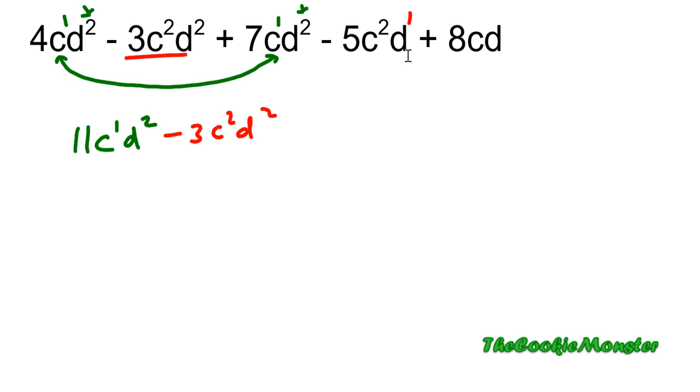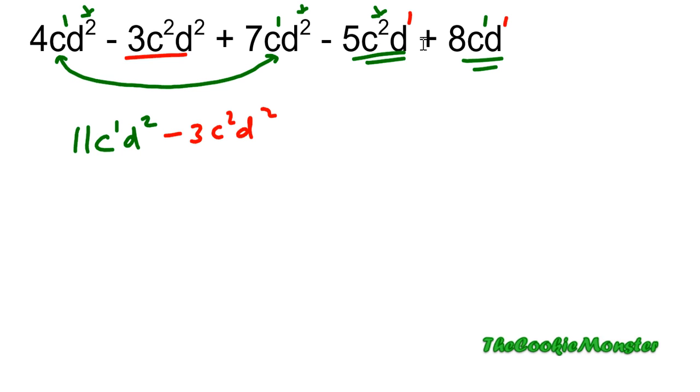And then we are left with c squared d to the first and c to the first d to the first. Well, if you look at the last two, they have nothing in common. Yes, they both have c's and d's, but the exponents on the c are different. This one has a square, if you notice, and this one has first power. So they're not the same. Even though they both have d to the first, that becomes irrelevant because the c's are different.